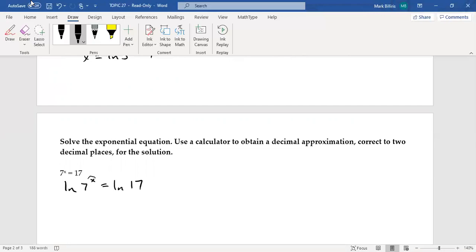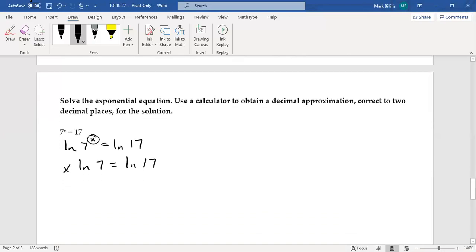So this x goes in front of our natural log, and that gives us x times the natural log of 7 equals the natural log of 17. Since I'm solving for x, I'm going to divide both sides by the natural log of 7. So x equals the natural log of 17 over the natural log of 7.